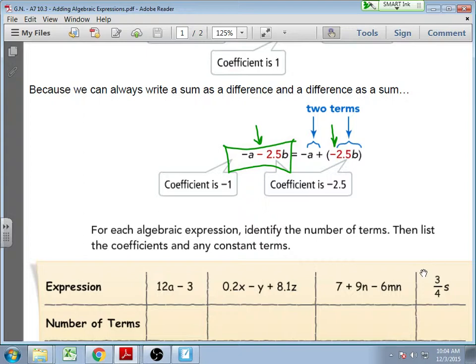That's not true. Because it's got a minus, that coefficient is actually -2.5. So, at least think about rewriting subtraction as the addition of a negative. Cool? Cool.